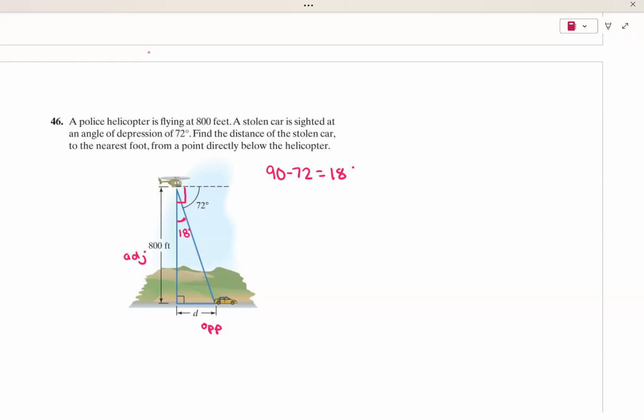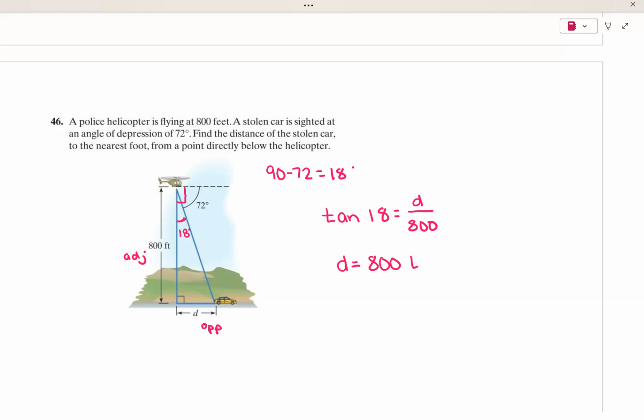And then the trig function that deals with opposite over adjacent is tangent. So tangent of 18 degrees equals opposite over adjacent. Now remember, when the unknown's on top, we just multiply.